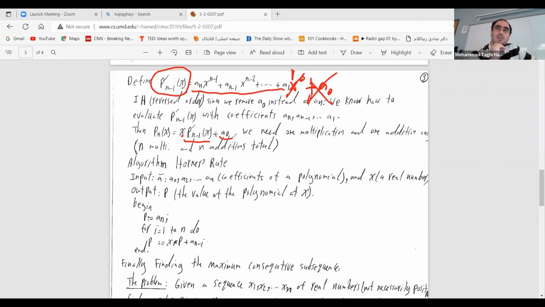So is it clear? If you have P prime n minus 1, I just multiply that with x and then add a0, and that gives me the formula.